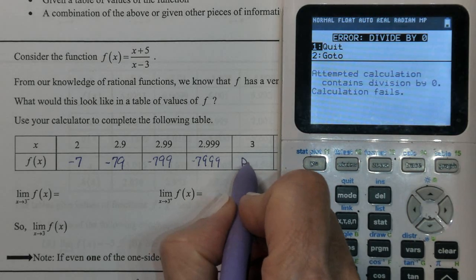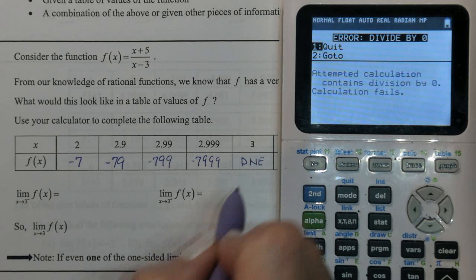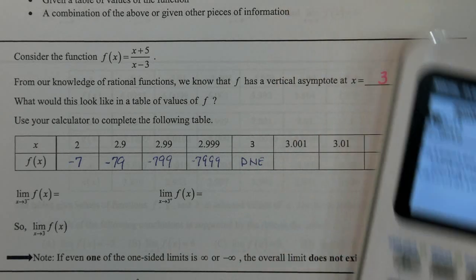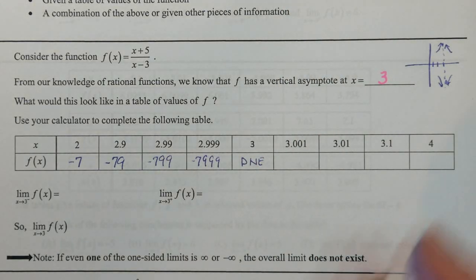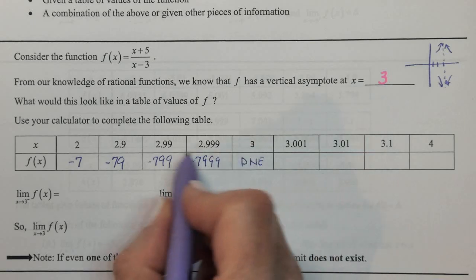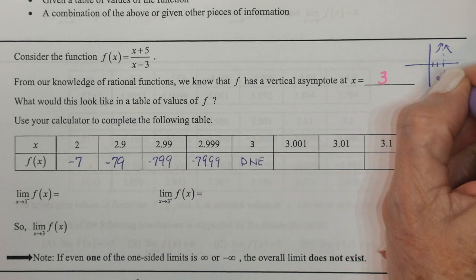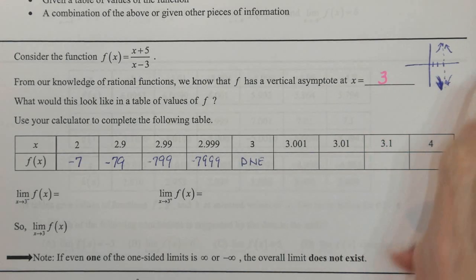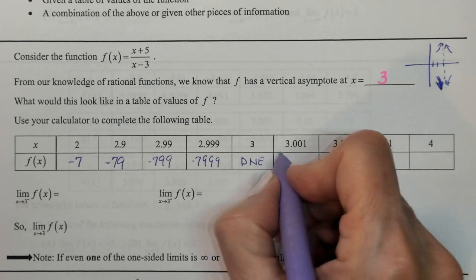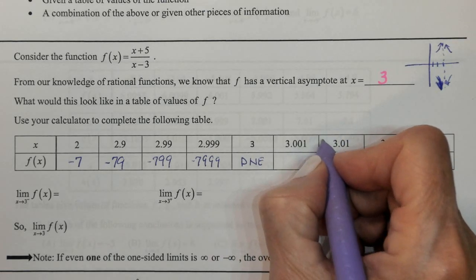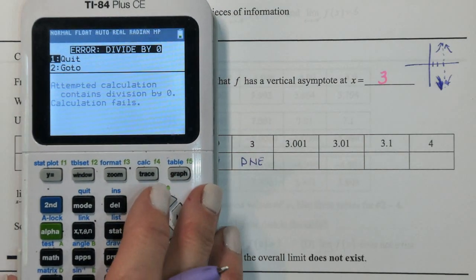This is non-existent. Okay? What do you think would happen? So I now know as x approaches 3, on the left of 3, we are going to negative infinity. Does that tell me what's happening on the right of 3? Let's find out. On the right of 3.